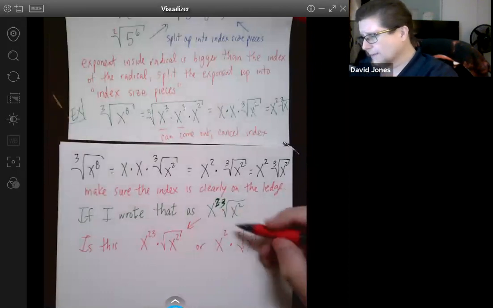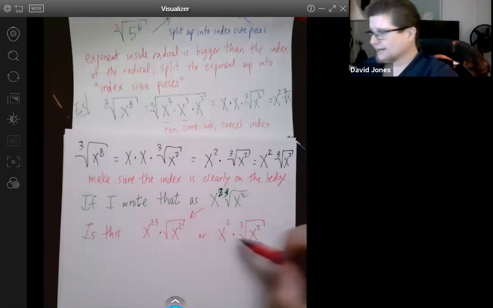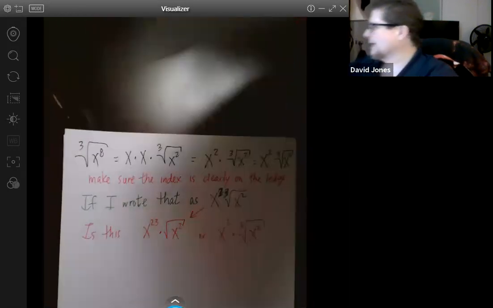So one of them makes the index pretty clear. These are different answers though. So make sure you put that index clearly on something.